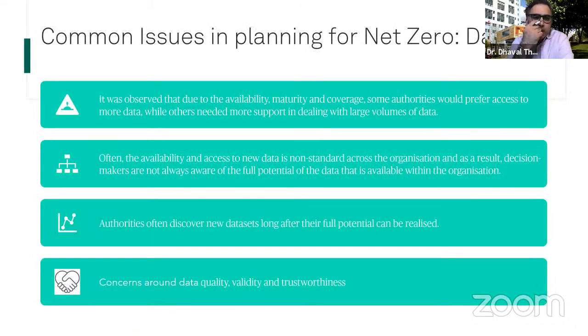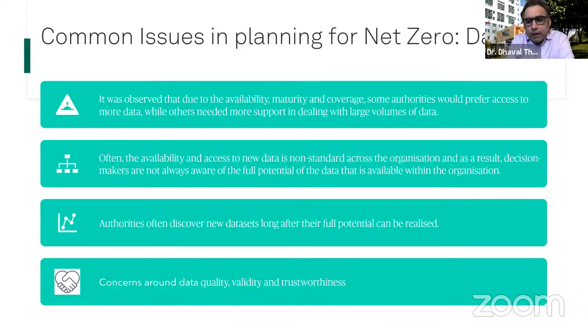So starting with common issues we have identified while planning for net zero, I think one of the focal point is data. And what we identified as in the first bullet point is the bit of disparity between different authorities. Some authorities would prefer access to more data, while the other authorities find the amount of large volumes of data which is already available to them overwhelming, and they need more support in dealing with it.